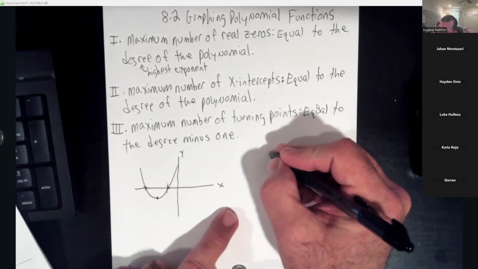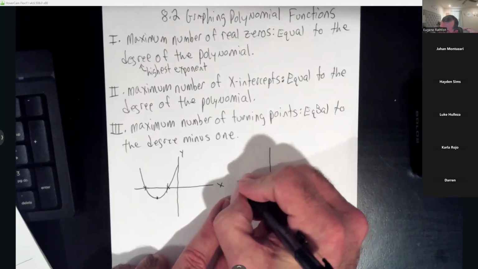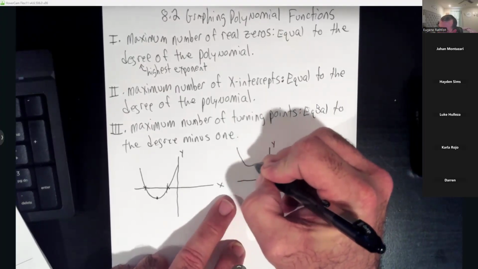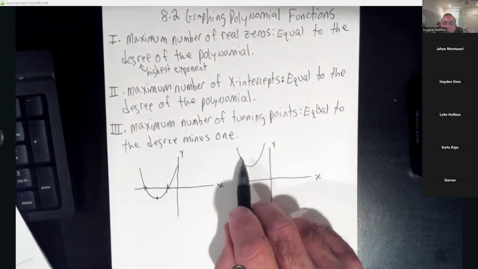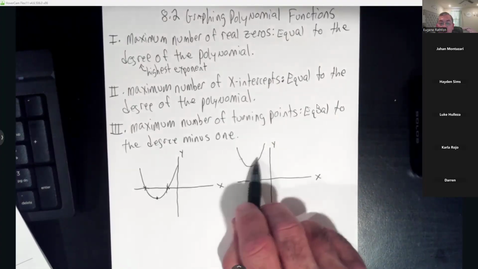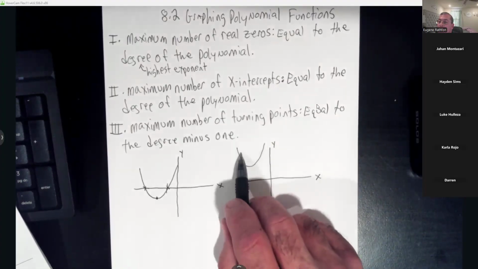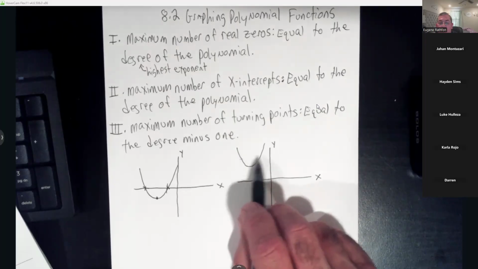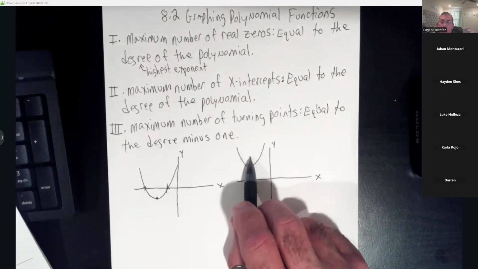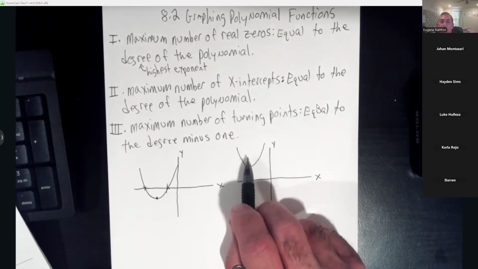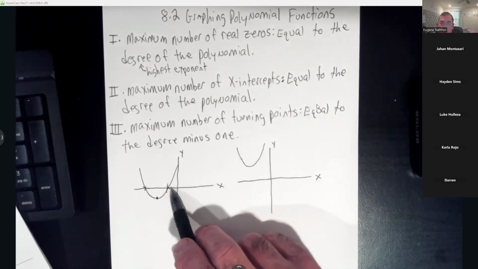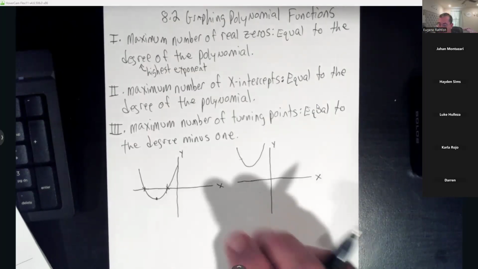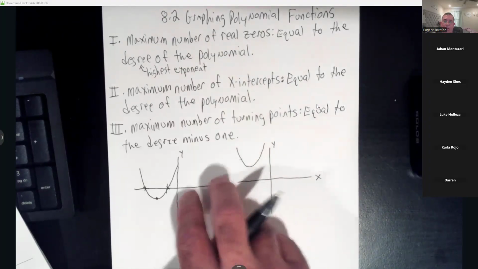But y'all, if you had a graph of a parabola and it was moved up, this one has two zeros, but these two zeros on this graph would be imaginary because it's not crossing that x-axis. So this would have imaginary zeros. But the x squared graph has a maximum of two possible. It might not have two, but that's the maximum number possible. So that's what these are sort of going over, okay?